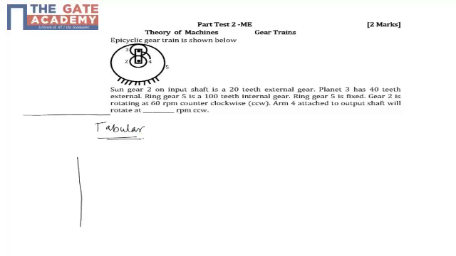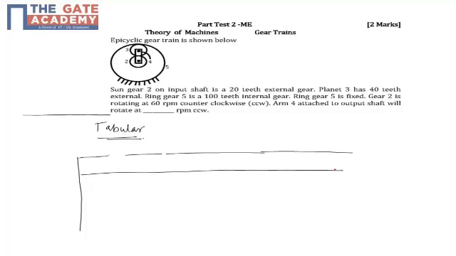So what we will do is first write down the components.